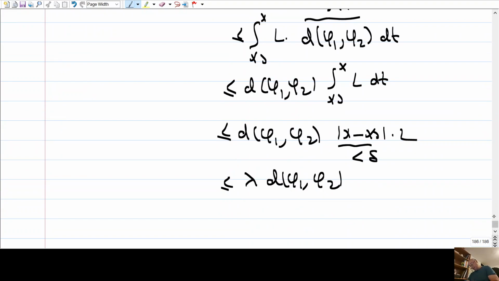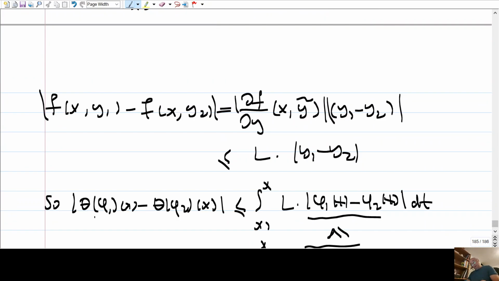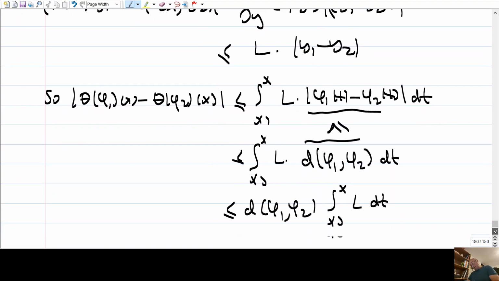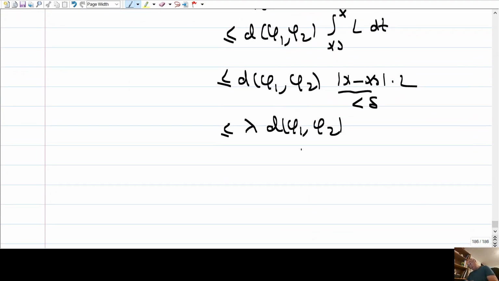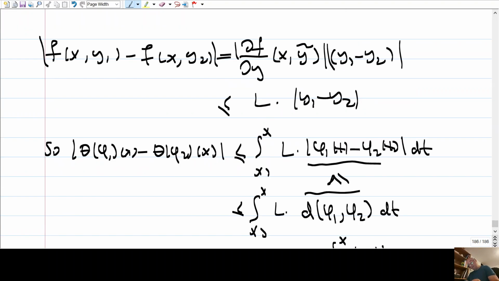So what we see is then this gadget is less than this number for all x in x0 minus delta, x0 plus delta, right?